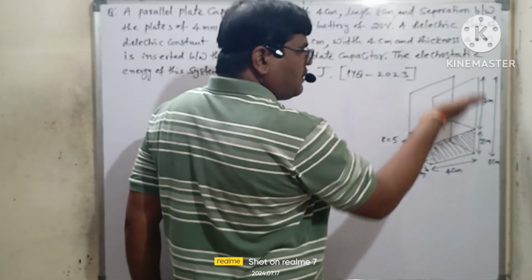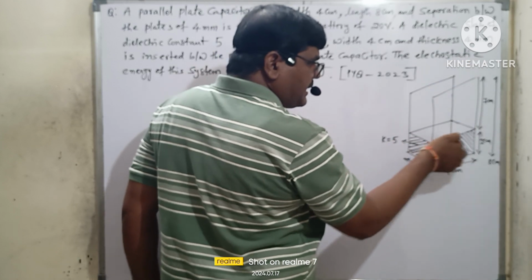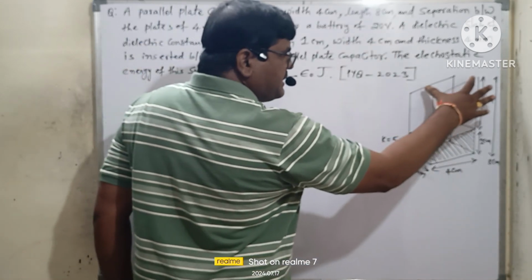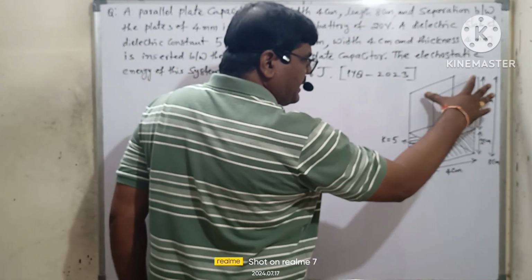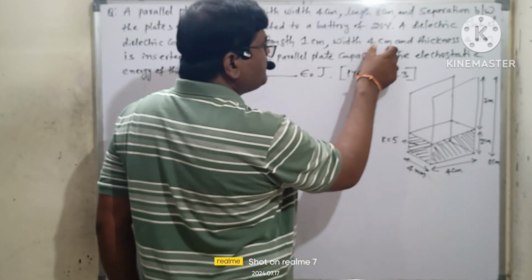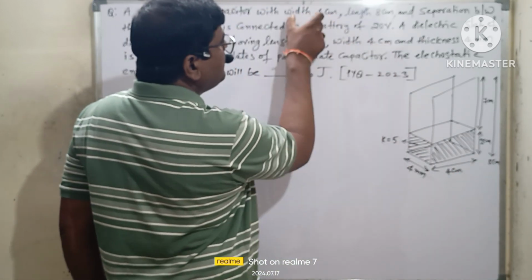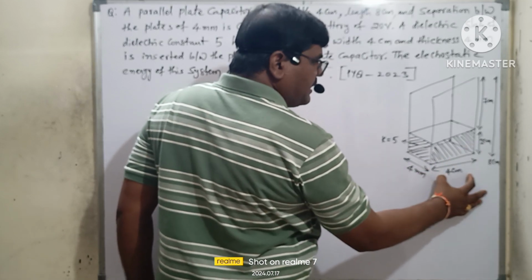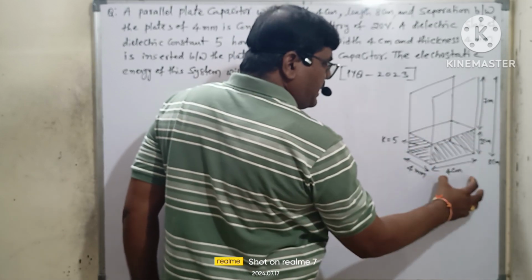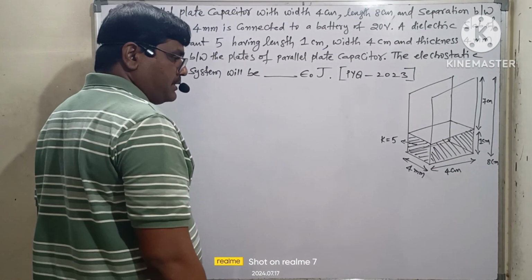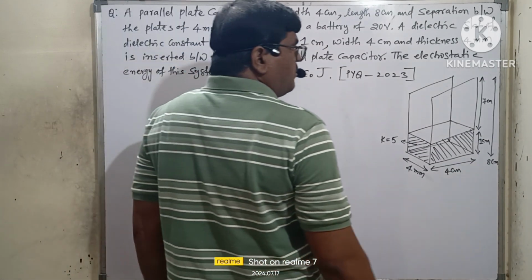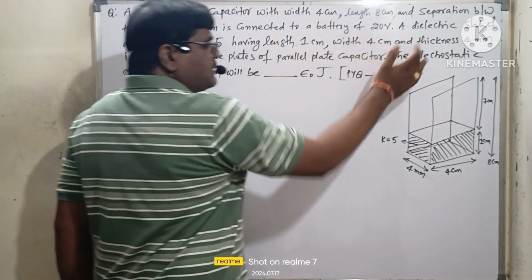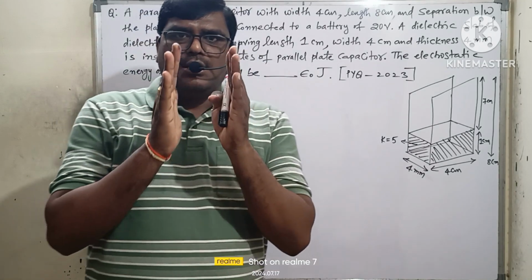Width is the same as the area of the plate, so the width of the dielectric and the width of the actual plate are the same, that is 4 centimeter. The thickness is 4 millimeter.